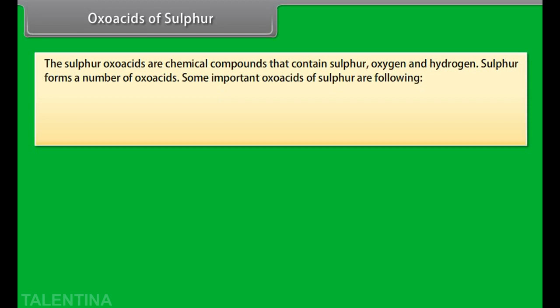Oxoacids of sulphur. The sulphur oxoacids are chemical compounds that contain sulphur, oxygen and hydrogen. Sulphur forms a number of oxoacids.